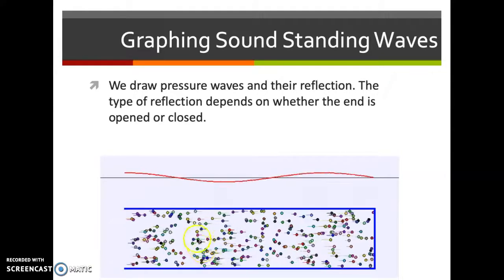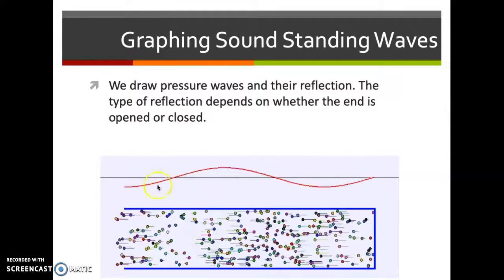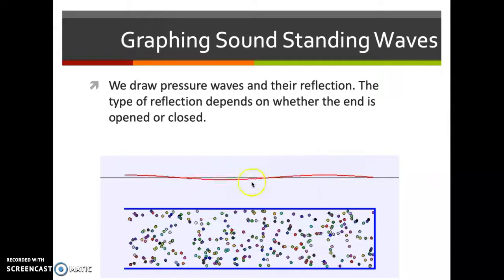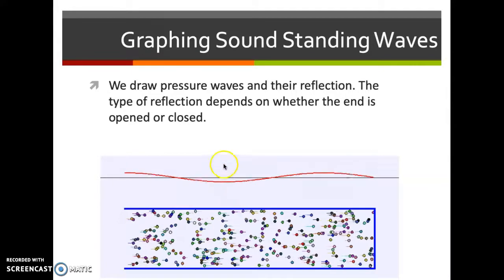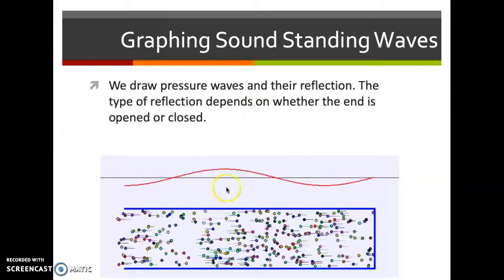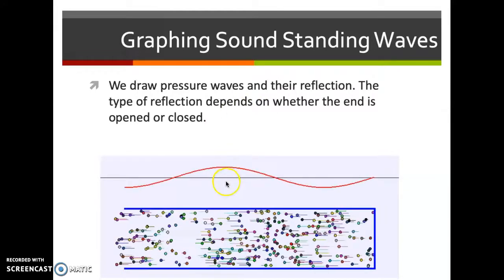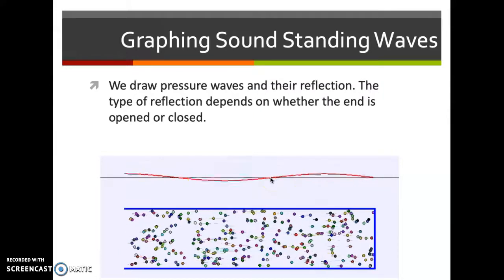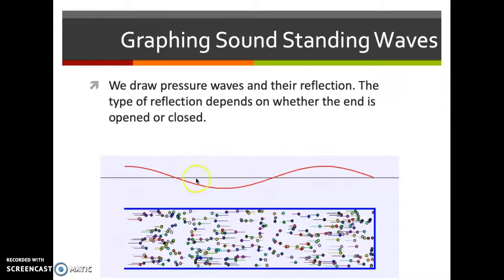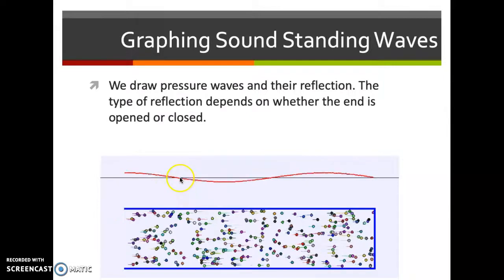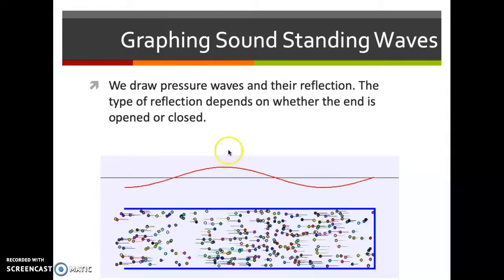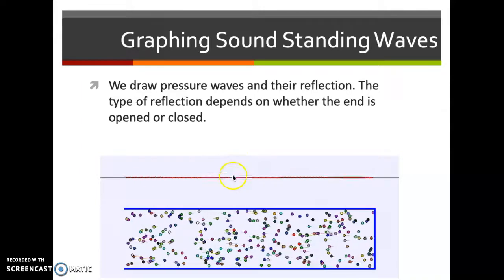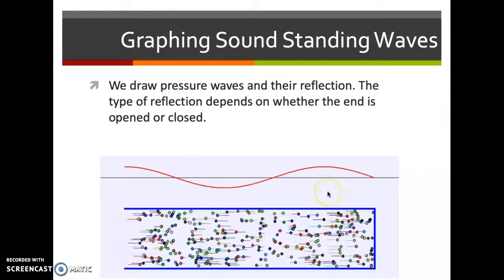Usually a compression wave doesn't look transverse like this wave here, but we draw it as a transverse wave in order to model the areas of high change in pressure and no change in pressure. So the nodes, where it's not moving up and down, model places where the pressure is not changing, and the antinodes, where it's moving the most, model places where the pressure is changing a lot.